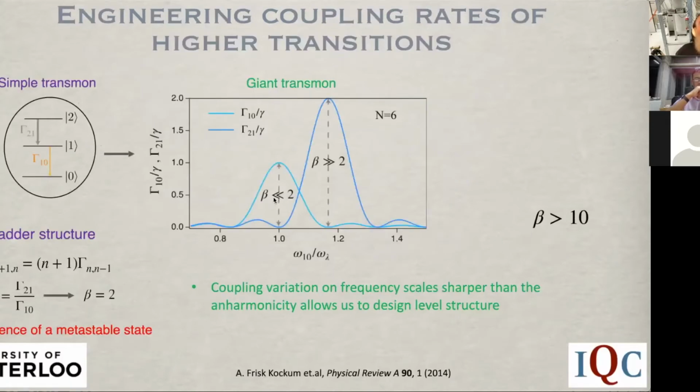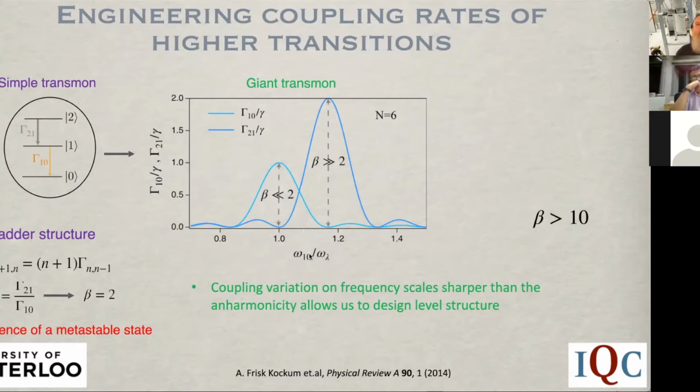Yeah. So here what I'm plotting is the 1-0 coupling and the 2-1 coupling, which again become the relaxation rate or the coupling to the bath. It depends a little bit on the transmon parameters, but I can pick the transmon parameters and then these parameters so that there's a shift between the 1-0 frequency and the 1-2 frequency.